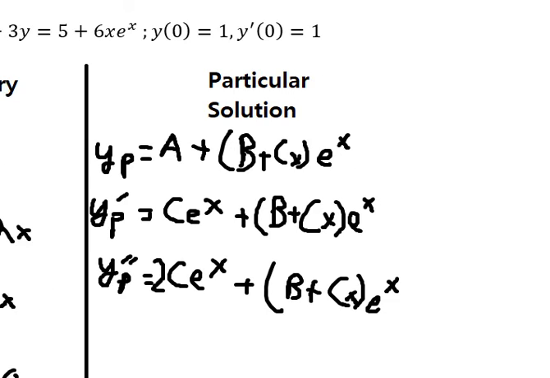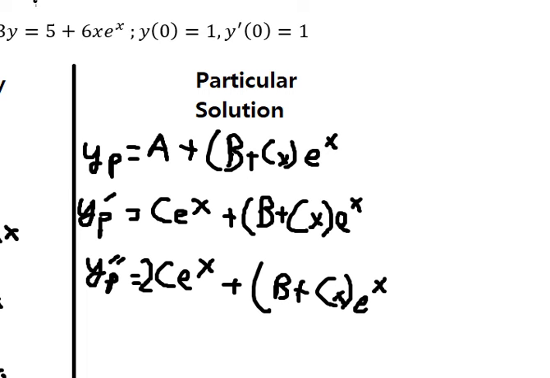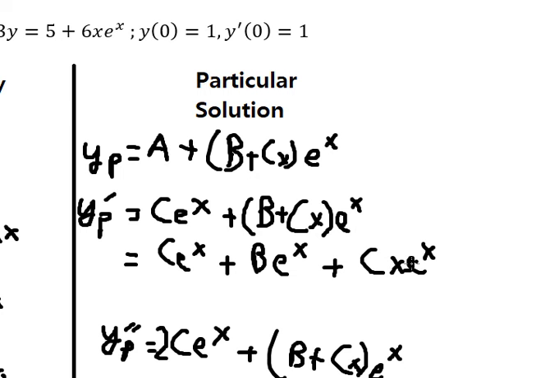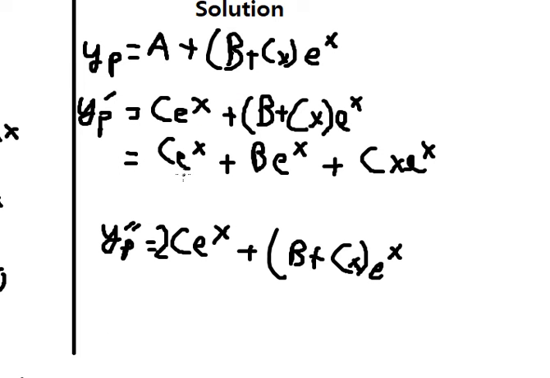Now we need to expand. So we have c e to the power of s plus b e to the power of s plus cs e to the power of s, and this one has the same e to the power of s.